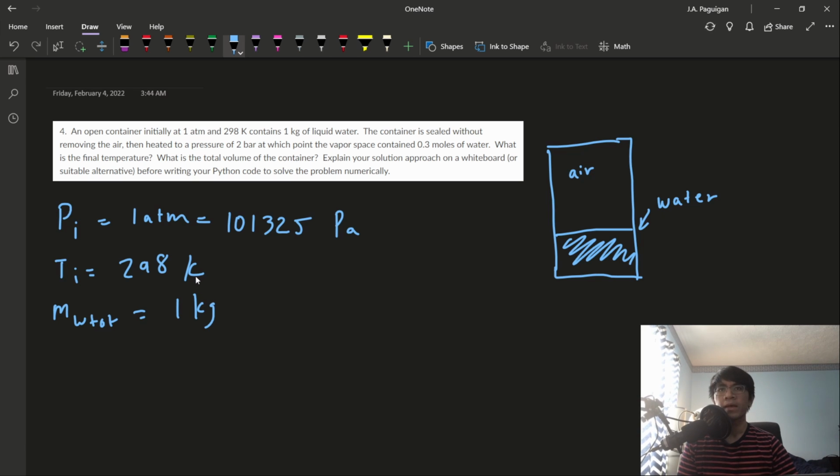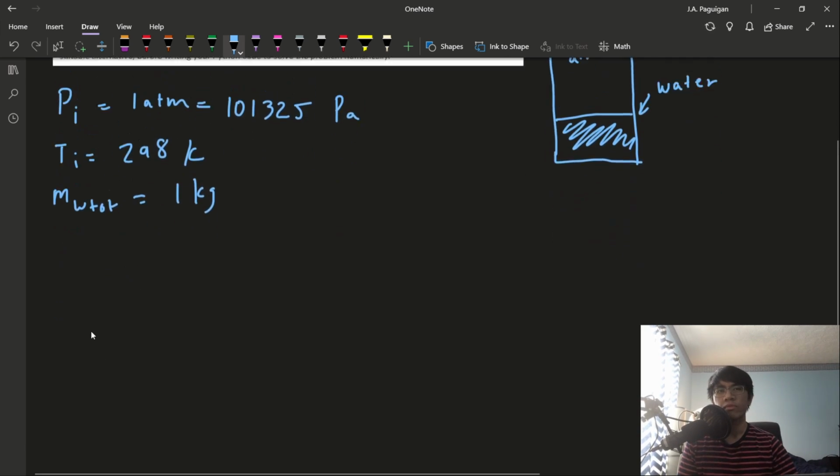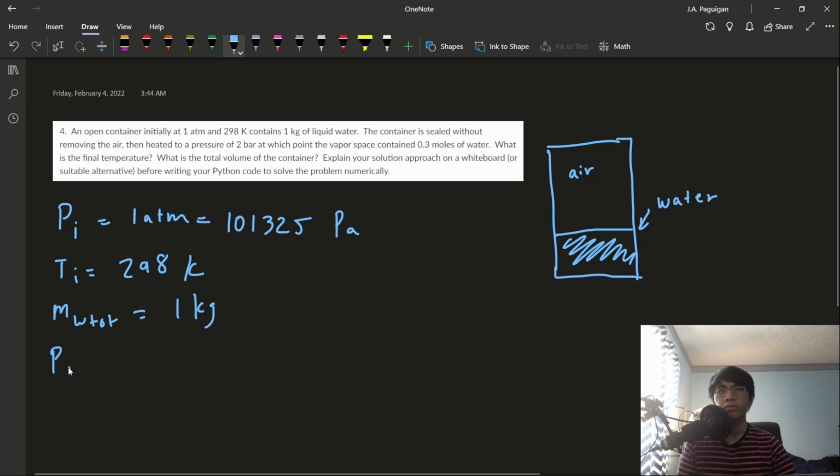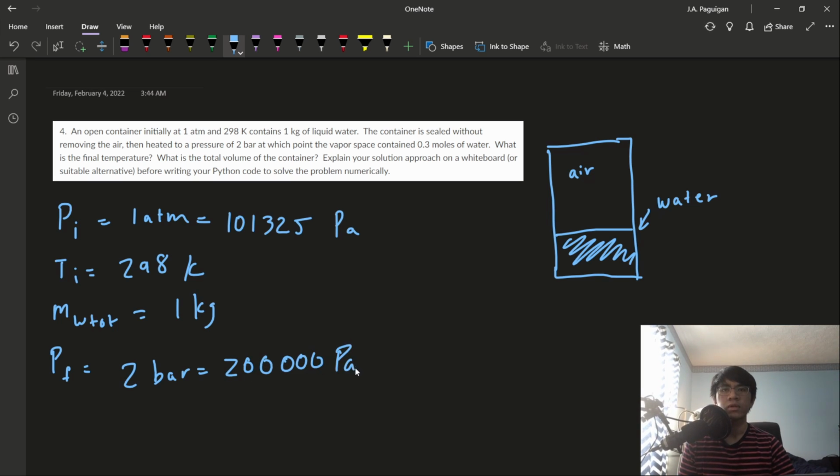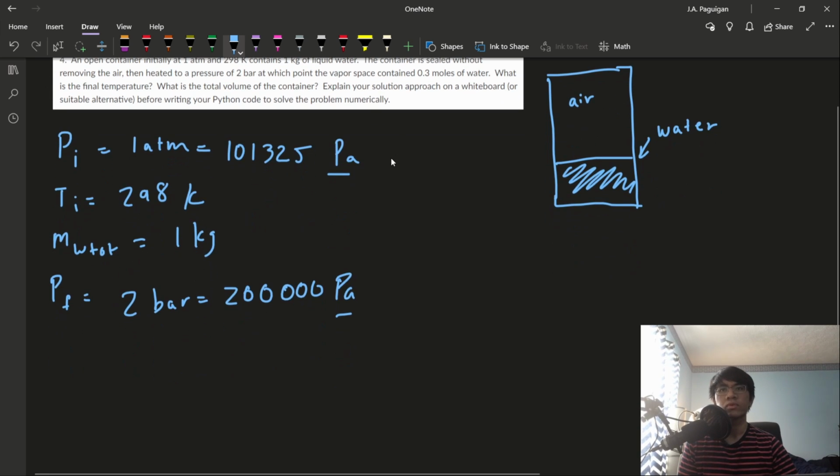All right, so now we've got all these. What else do we know? Heated to a pressure of 2 bar, so we know the final pressure. Final pressure, 2 bar, and that is about 200,000 pascals, so we have the same units for pressure. Then at that point there will be vapor, and we know that the vapor space contains 0.3 moles of water.